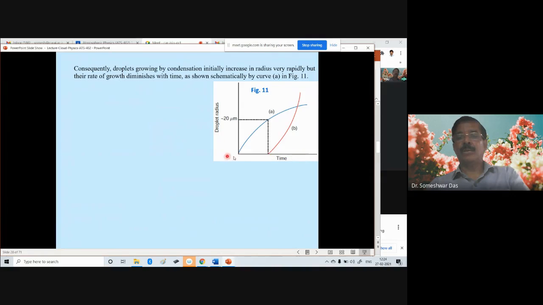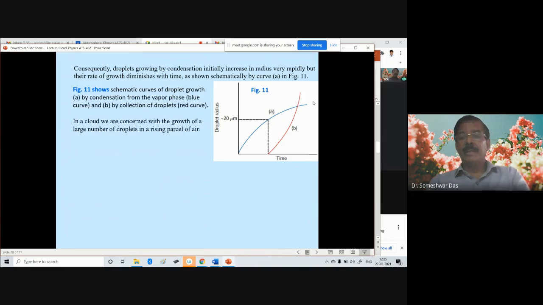This blue curve shows the growth without any collision, just because of condensation and coalescence. As you can see, initially the droplet grows very rapidly, but after some time, the rate of growth of the water droplets slows down.